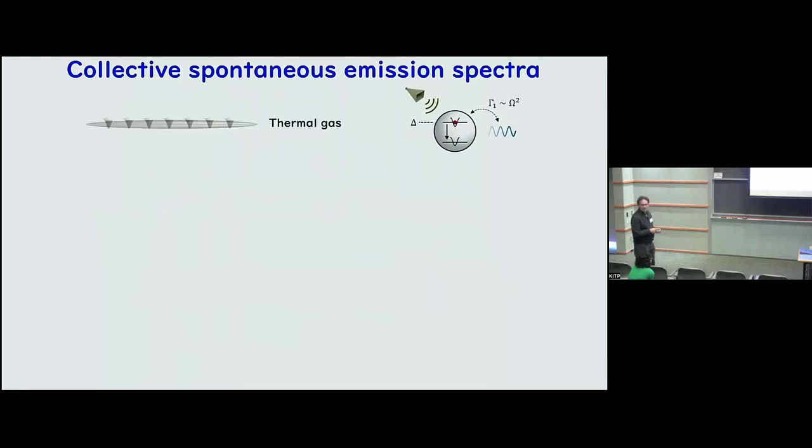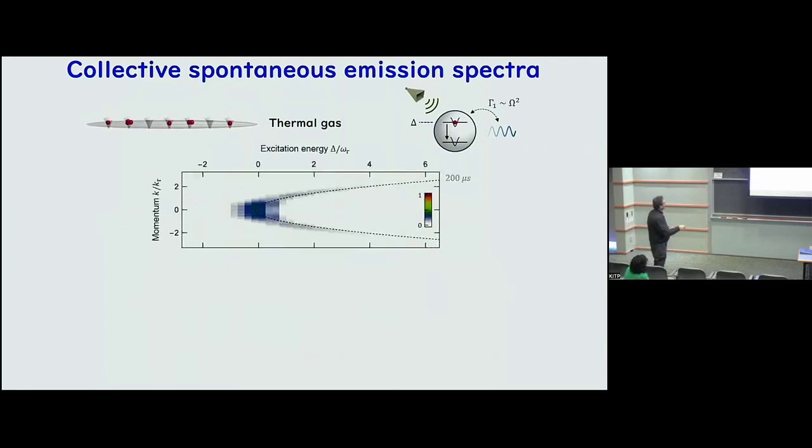So first of all, we started with the thermal gas as a reference, so we basically heat everything up, and so we end up in the situation that we had before, where you have basically this parabola. Now, if you do this with a superfluid, what you find is that this parabola is no longer traced out everywhere, but you get these blobs. And so there's basically regions where you have more than before, and then there's regions where you have less than before.